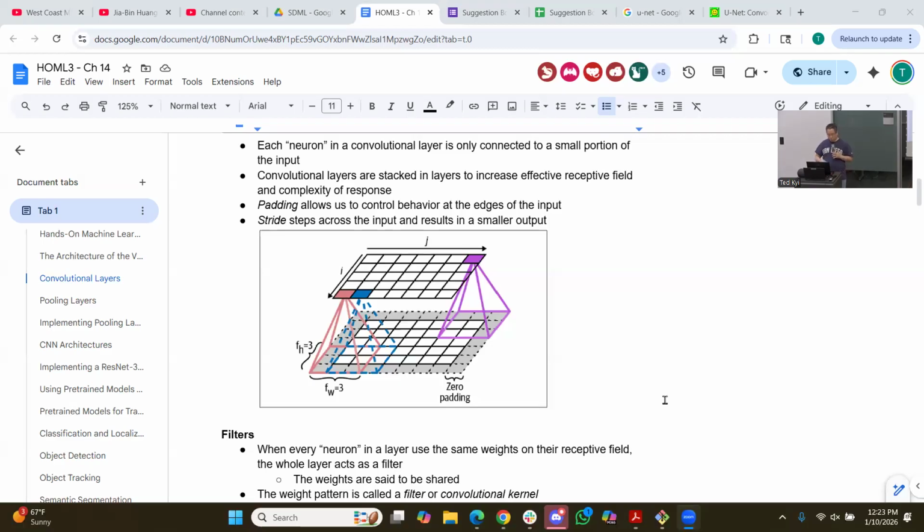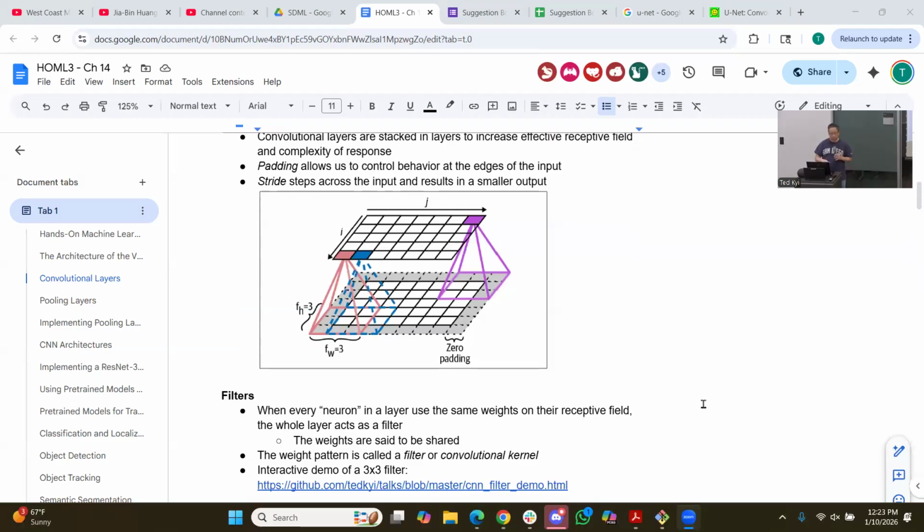So when every single neuron in your output is using the same filter weights, then you can think of this as an image filter. If you've used Photoshop filters, one is Gaussian blur, where it basically blurs a little bit from the neighboring pixels.